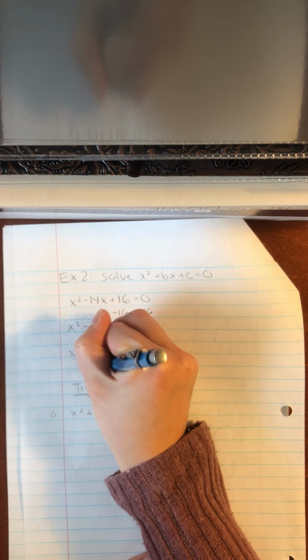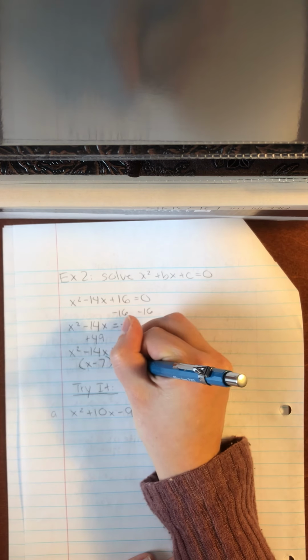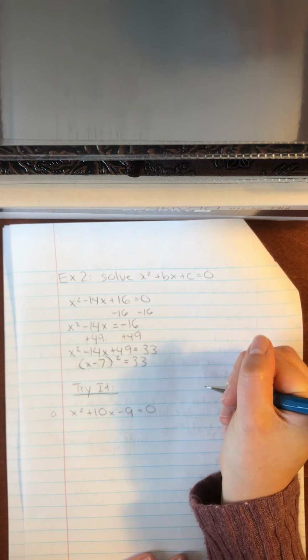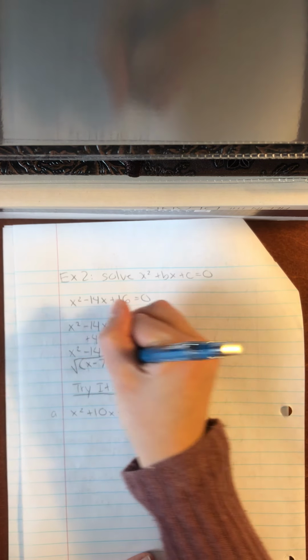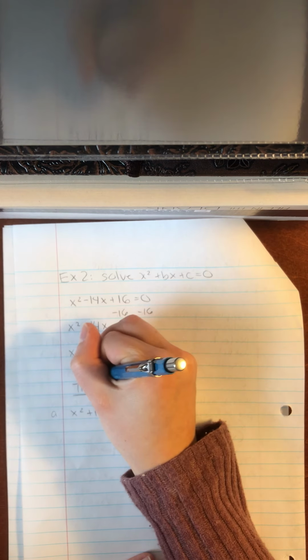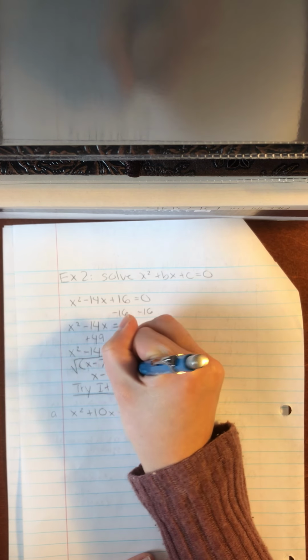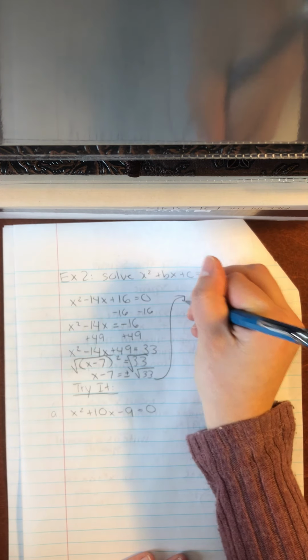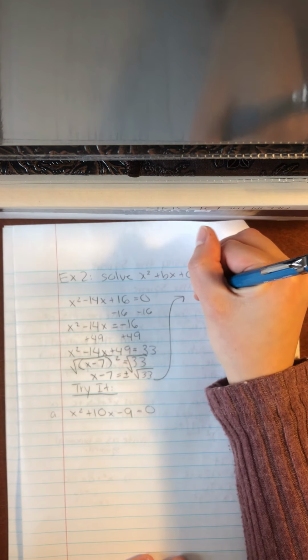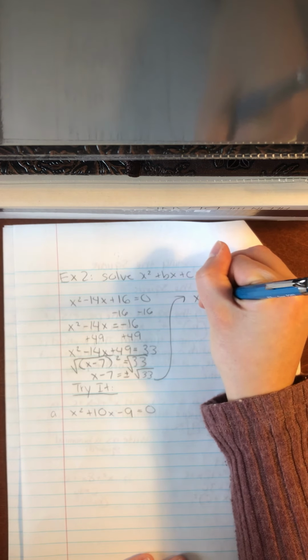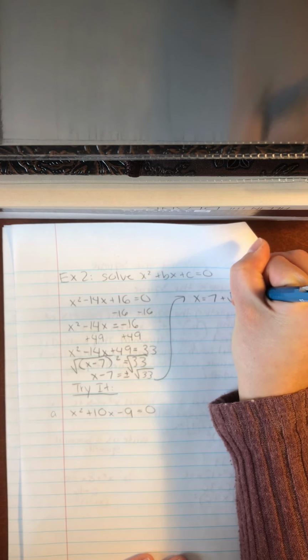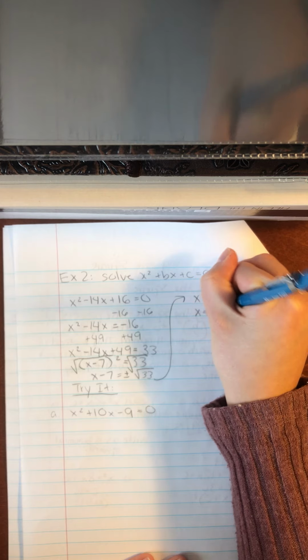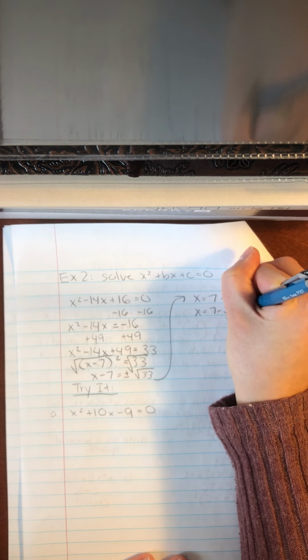It factors to (x minus 7) squared equals 33. Take the square root of both sides. x minus 7 equals plus or minus radical 33. So our two solutions are x equals 7 plus radical 33 and x equals 7 minus radical 33.